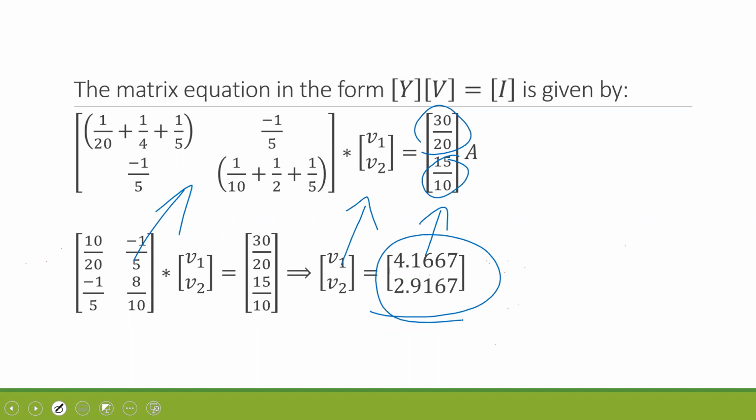Did you use simultaneous equations? I just used the matrix equation. I found the inverse of this and pre-multiplied it by that. So I took this over, found the inverse multiplied by the current to get V1 and V2. Just use matrices.